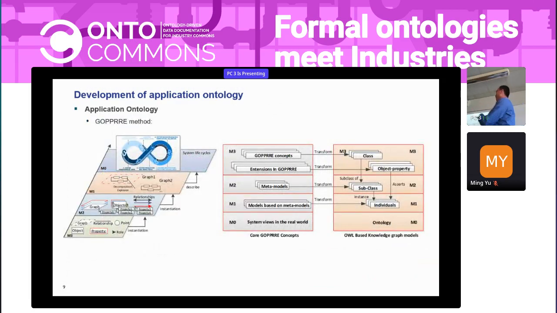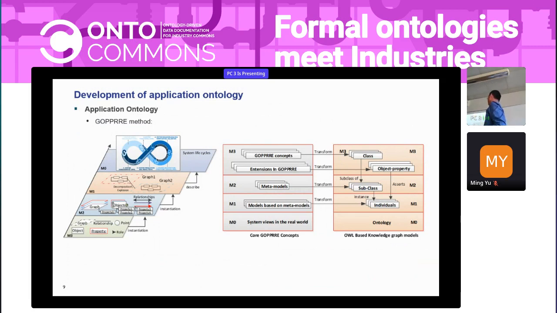So here's the hierarchical method we are following. To develop this MBSE ontology, we map these four layers on the very left, from meta-meta model to meta model to the graph describing the real world. We map them to the ontology world.